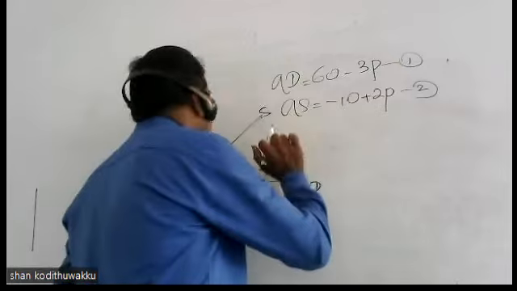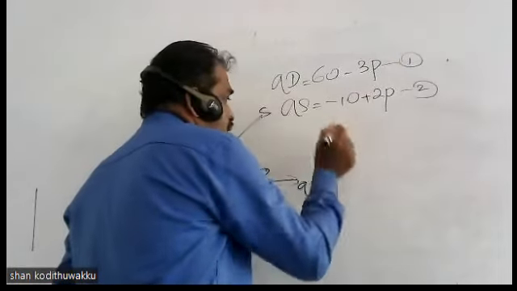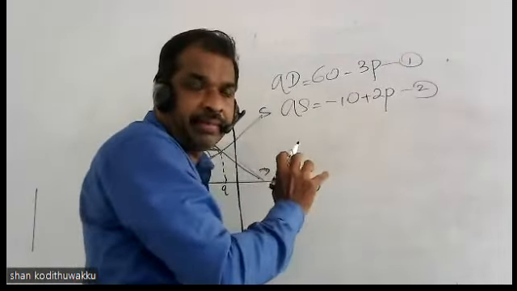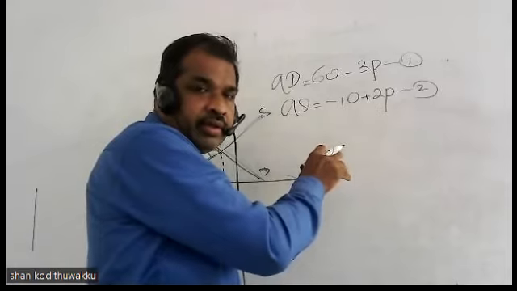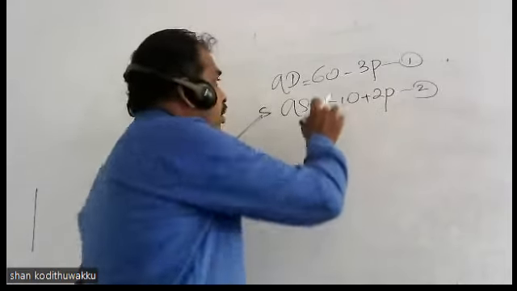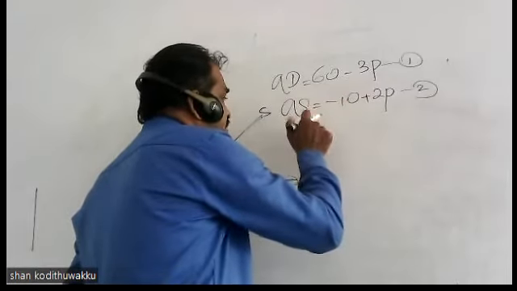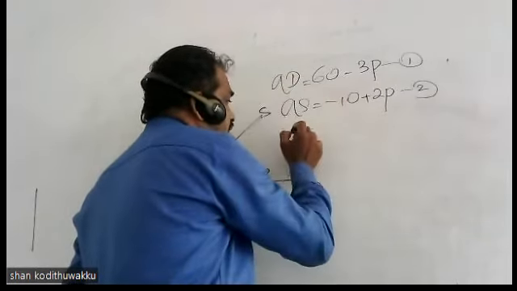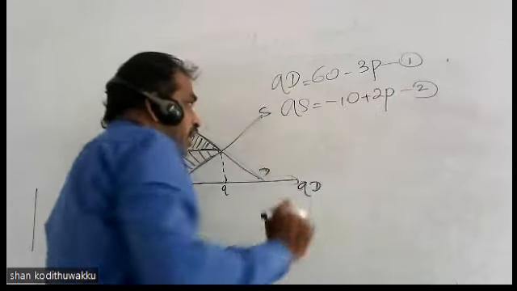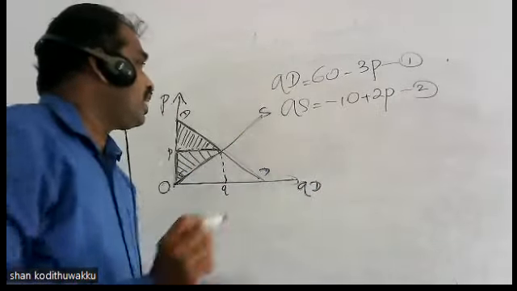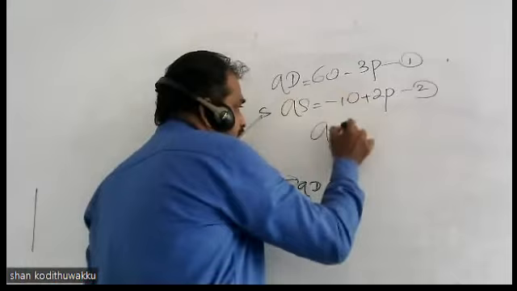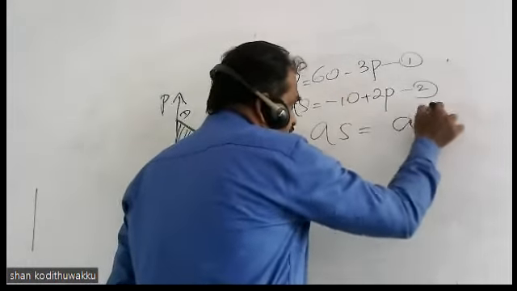Here, you can decide market equilibrium price and quantity by equalizing these two equations given in the question. At the equilibrium, QS equals QD.